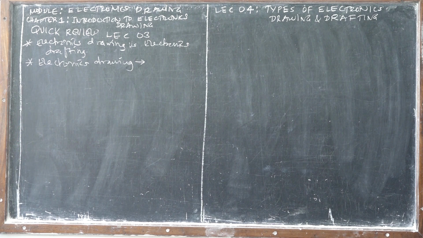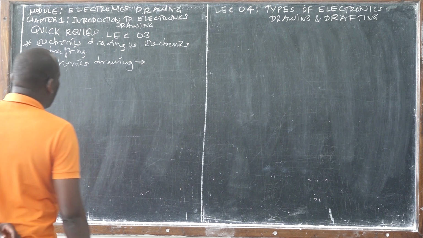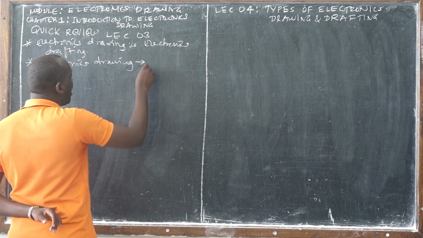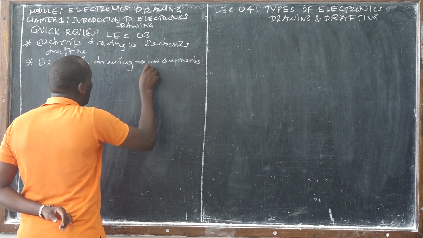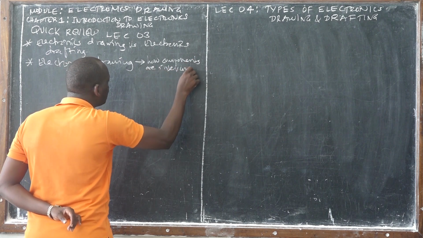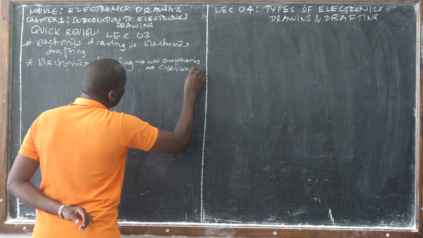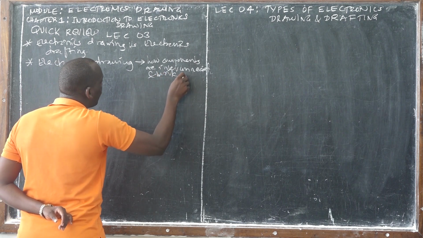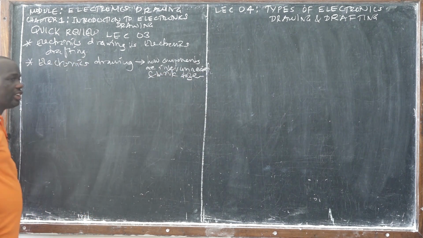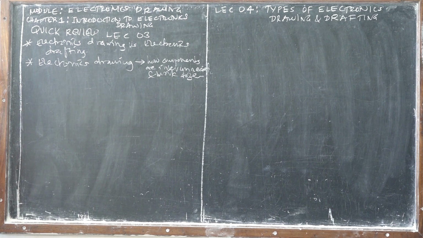Electronics drawings teach you how the electronics components and electrical components are interconnected and work together to achieve the objective of that electronics system.